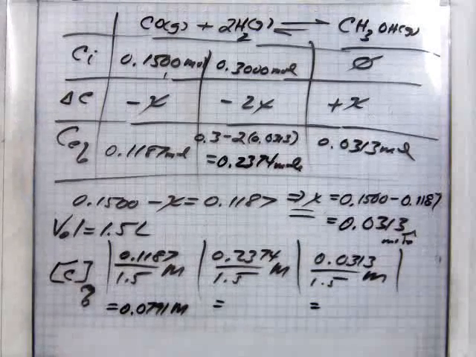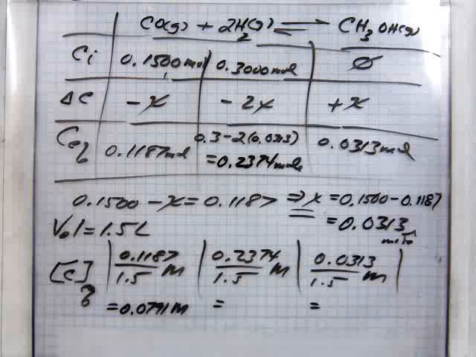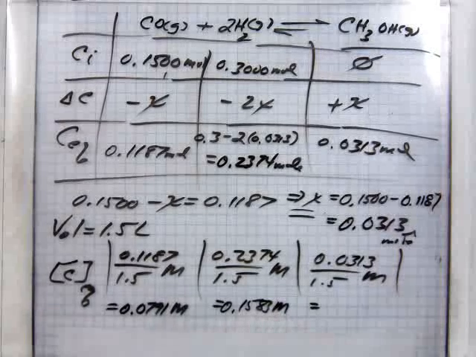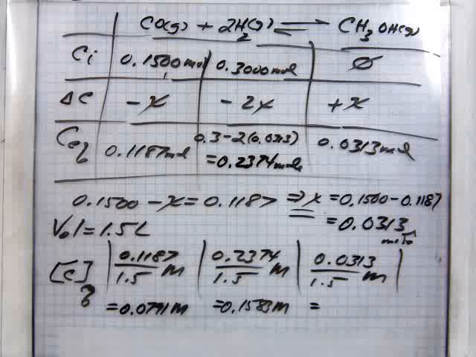Try to keep it on the page. 0.2374 divided by 1.5 gives us a molar concentration of 0.1583. Keep me honest, guys. Back me up on this, please. 0.0313 divided by 1.5 gives us 0.0209 molar.